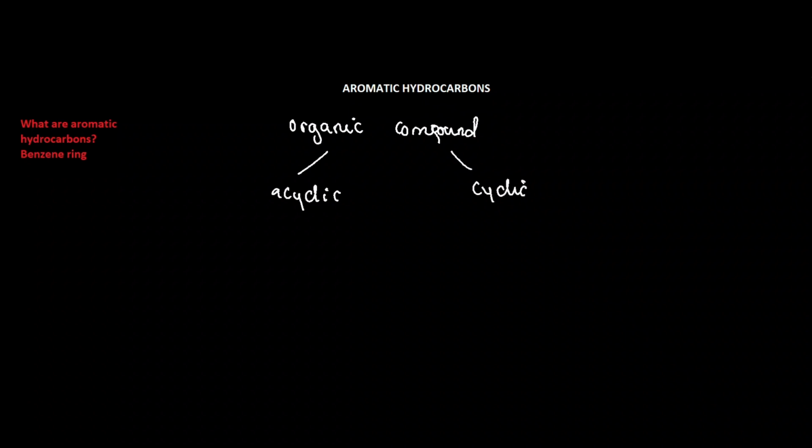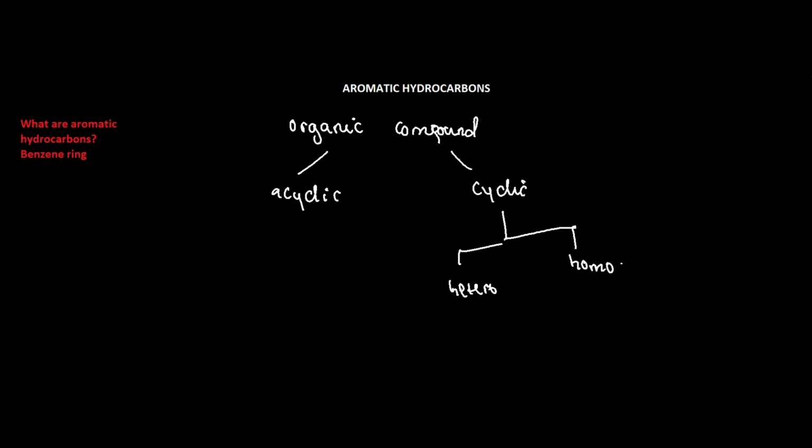So far in this series we have discussed the acyclic organic compounds or the acyclic hydrocarbons. Now moving on to the cyclic organic compounds, we further divided this into the homocyclic and the heterocyclic.